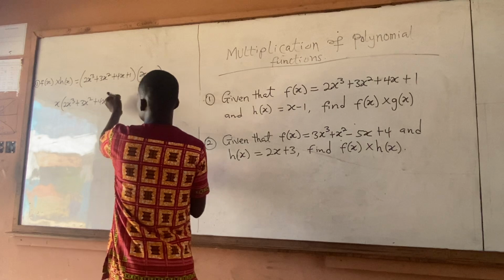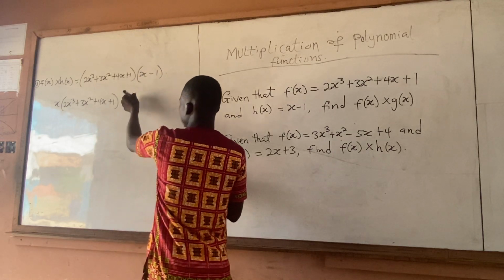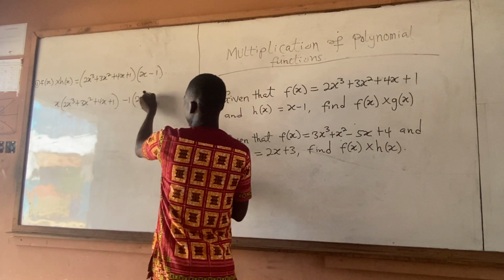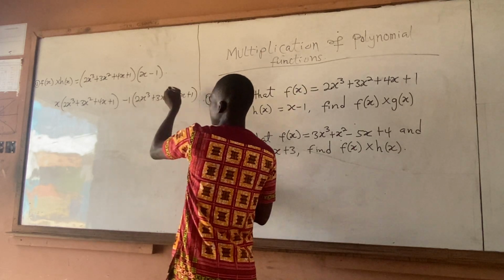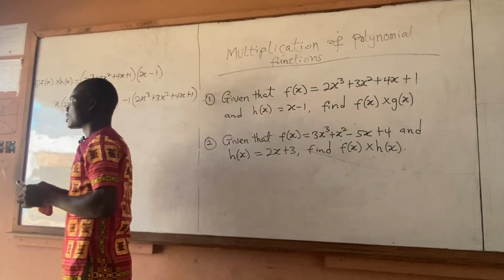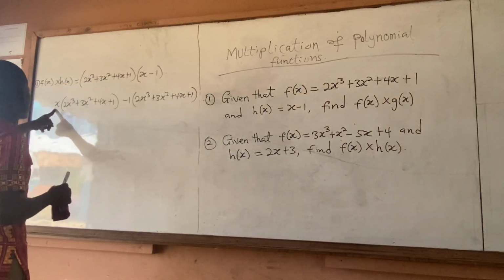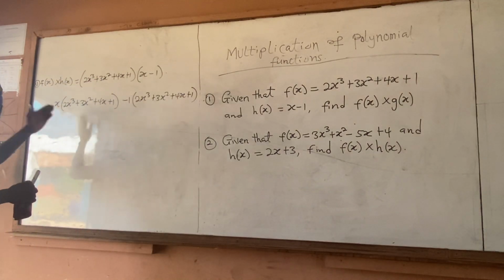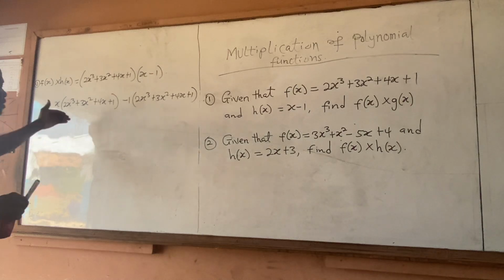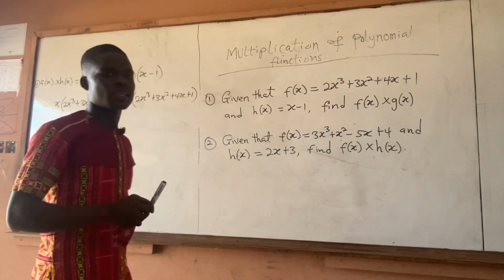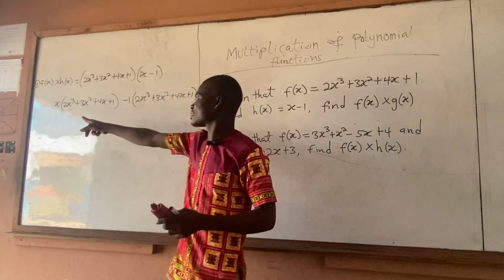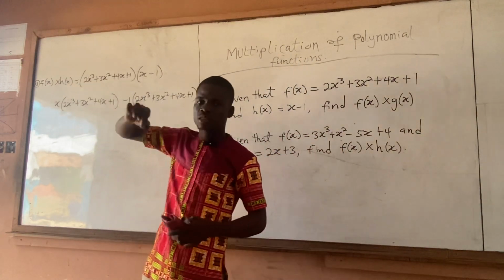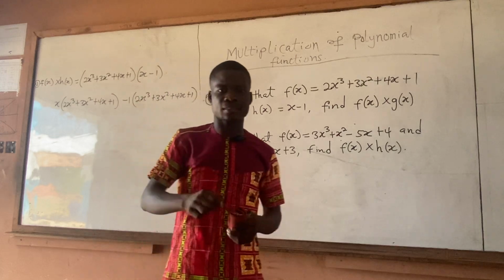Then use the second term to expand the bracket, 2x cubed plus 3x squared plus 4x plus 1. So after doing this, take your time. Use the x to multiply each of the terms inside the bracket.